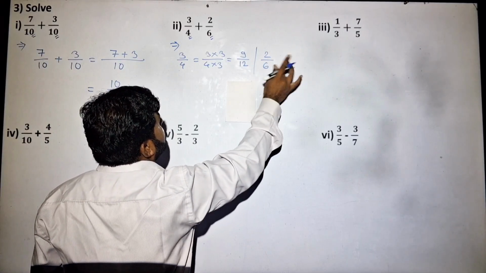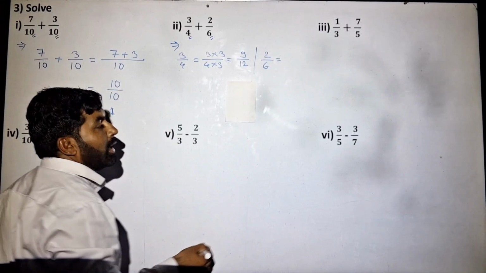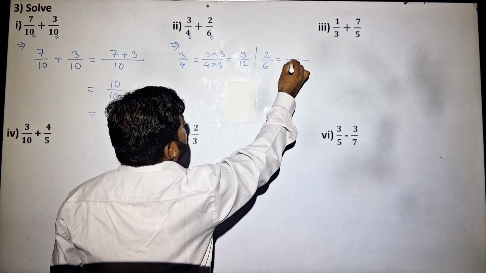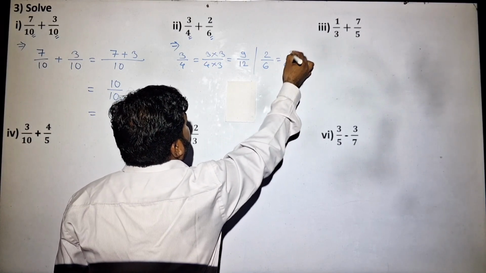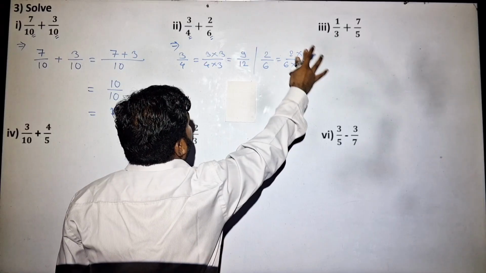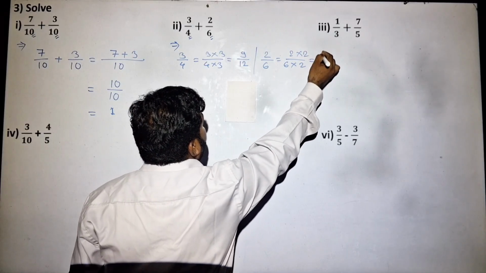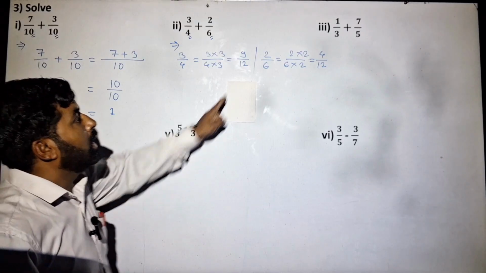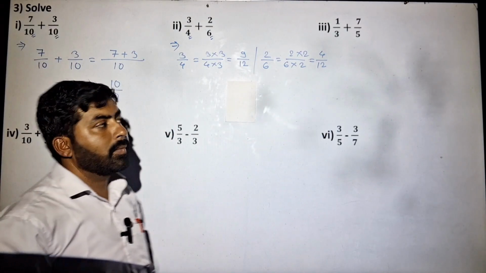Here 2 by 6, we multiply 6 by 2 and 2 by 2, so 2 into 2 is 4 and 6 into 2 is 12. Here the denominators are 12 and 12, the same.